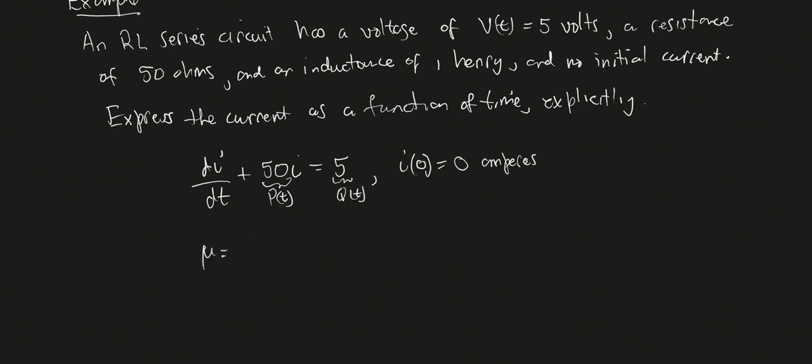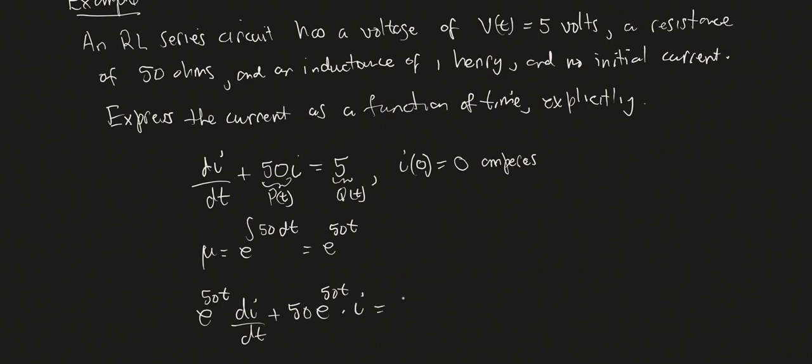So our integrating factor is e to the integral of 50 dt, so we have e to the 50t. Multiplying through by e to the 50t, we end up with e to the 50t di/dt plus 50 e to the 50t times I, and on this side we have 5 e to the 50t. That's pretty good.